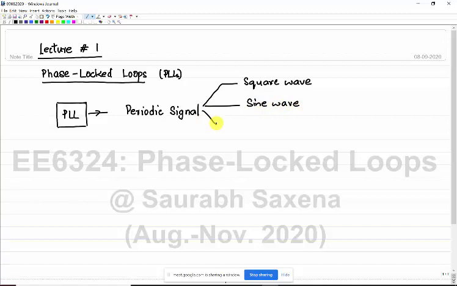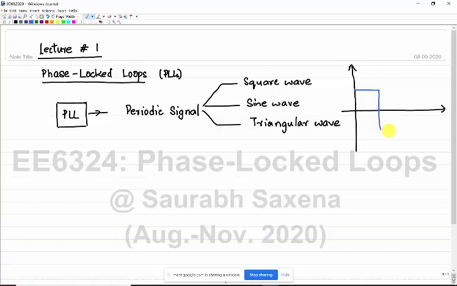And by the way, you can also have a triangular wave or any other wave which can be periodic. Let me just draw it to tell you what periodicity we are talking about. So we can have a square wave like this, for example.